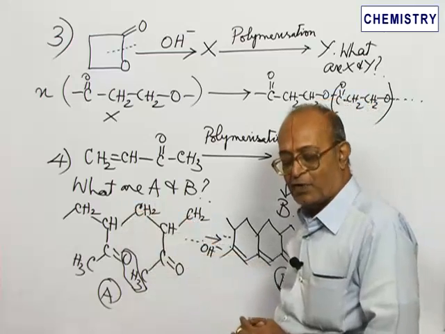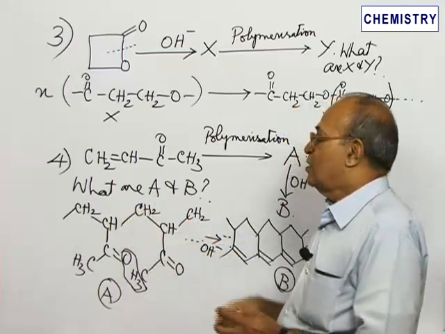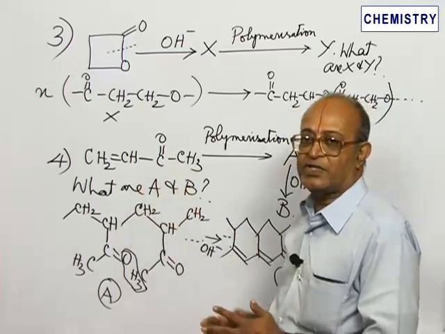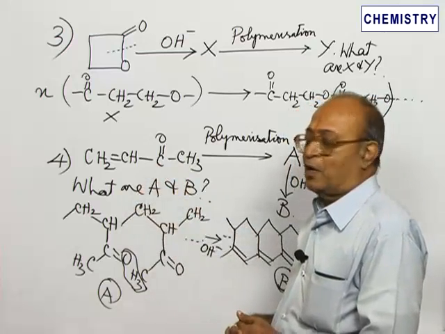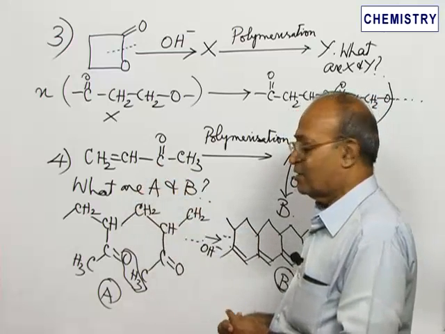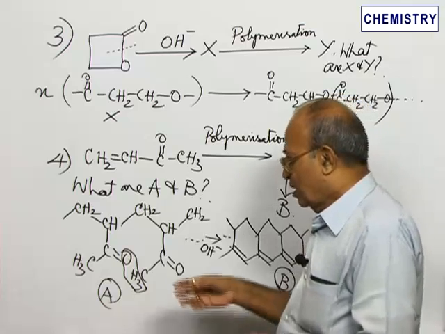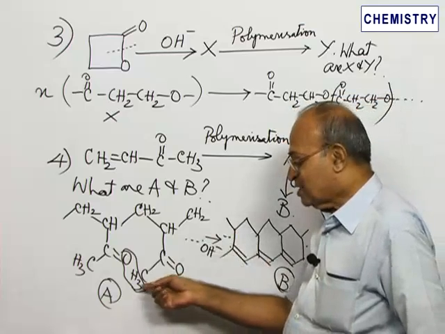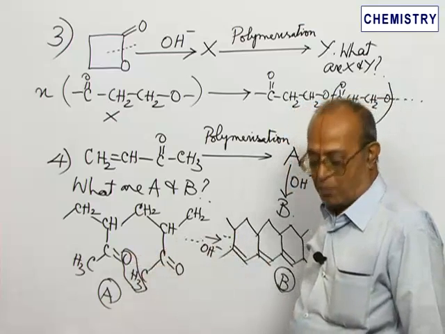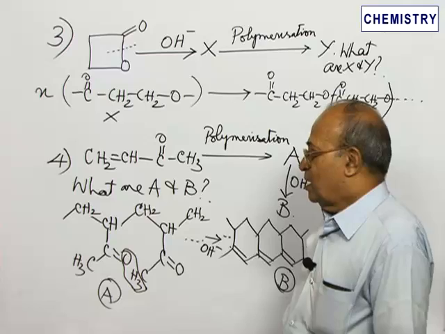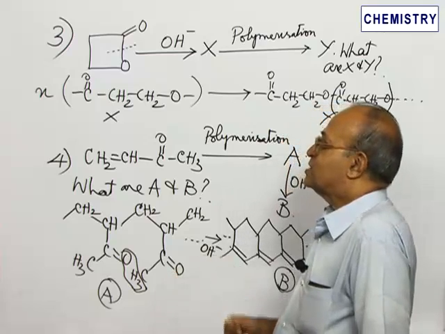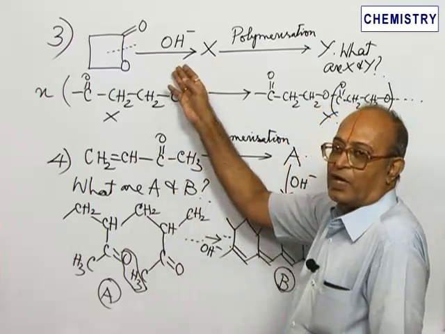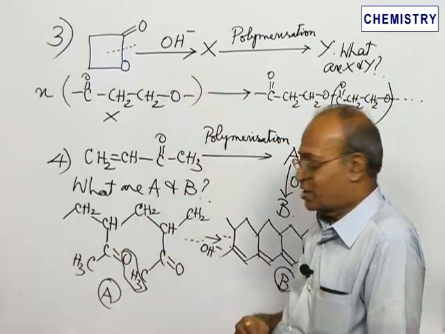But in the case of question number 4, from a linear molecule like this ketone which undergoes polymerization reaction, a monomer of this type is produced, and since there is the removal of water molecule, it is a condensation reaction, whereas this is the addition reaction.